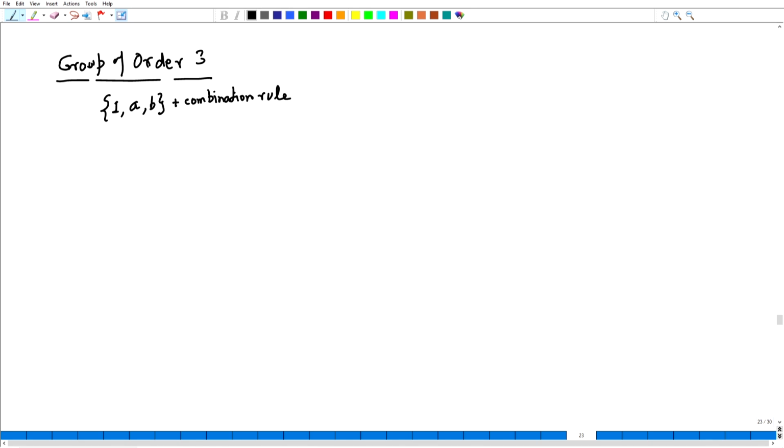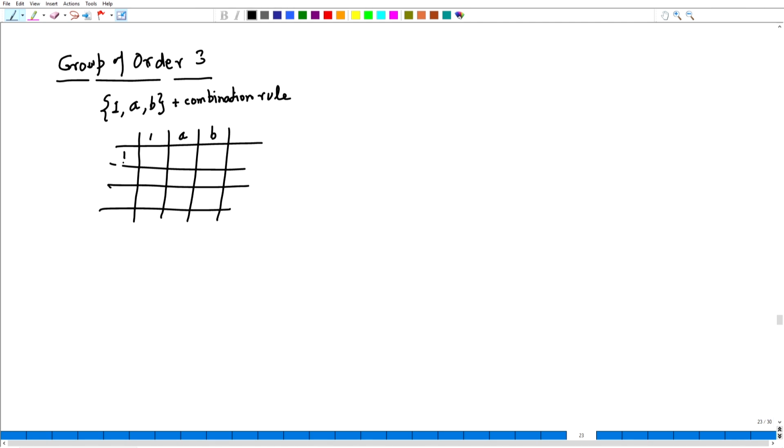This combination rule could be anything. Let us try and build a group multiplication table for this simple group. Now, of course, clearly I can fill the first row and the first column.